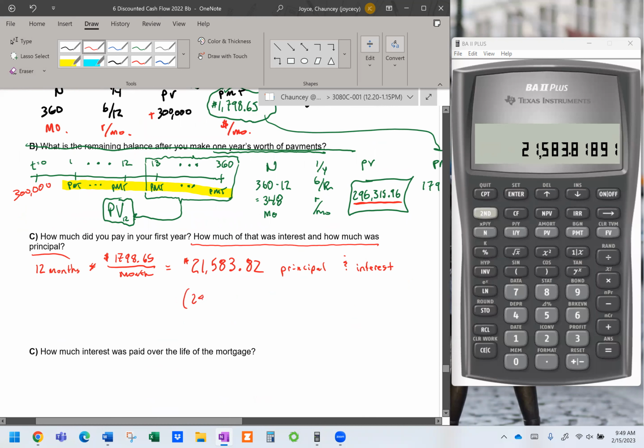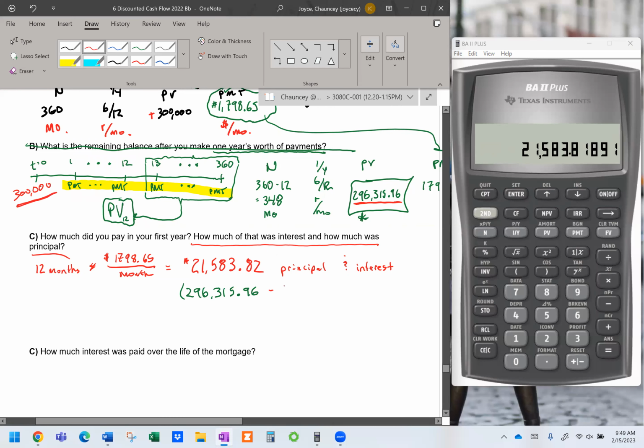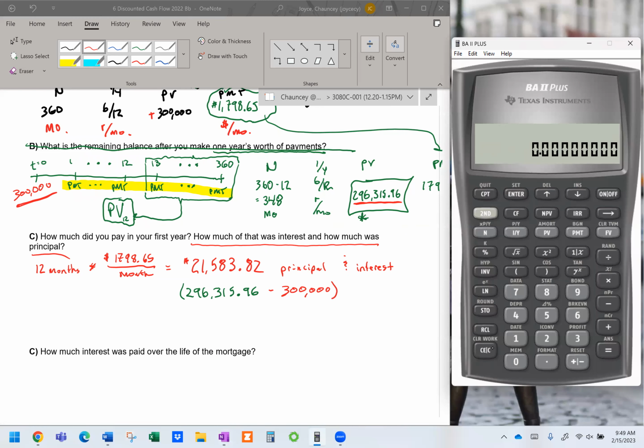So we have 296,315.96. That's our ending minus our beginning of 300,000. Now, if your brain's pretty excited about doing this math, maybe you notice this is not a super large number compared to the one we just calculated of 21,000, but let's try to compute.